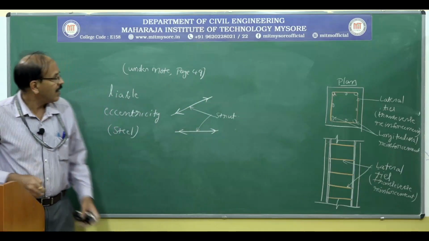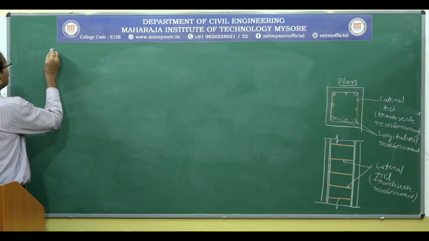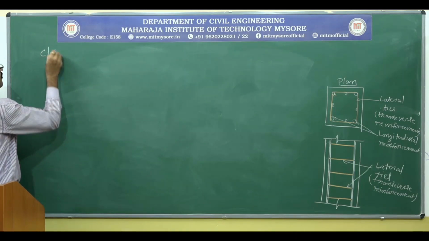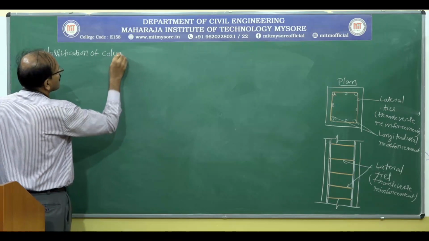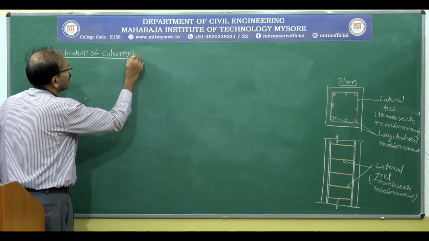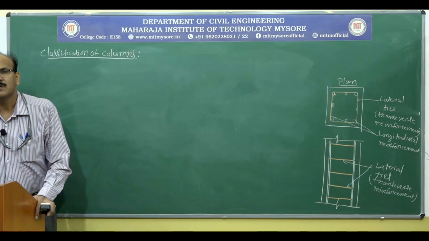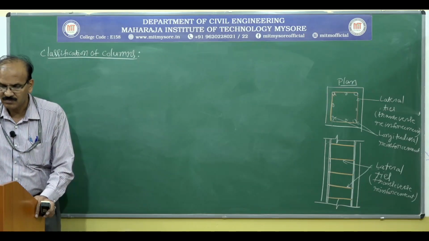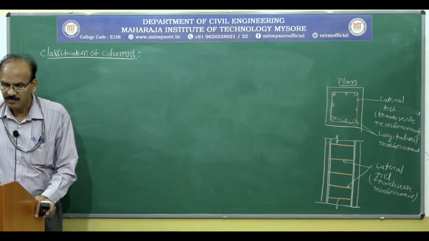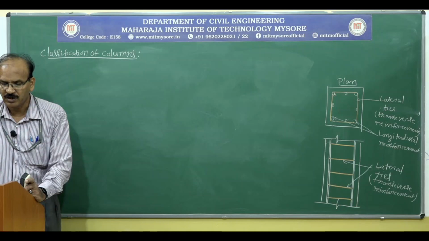Next side heading is classification of columns. Depending on the slenderness ratio, a column may be a short or a long column.